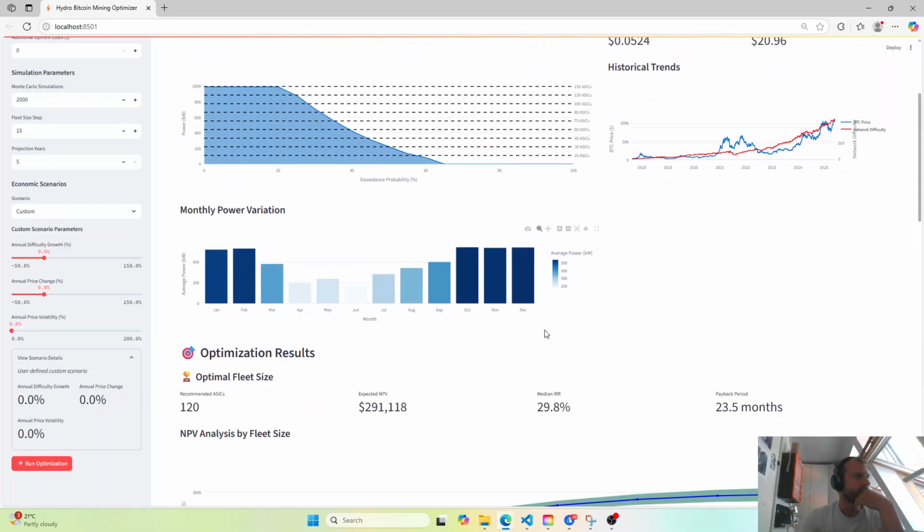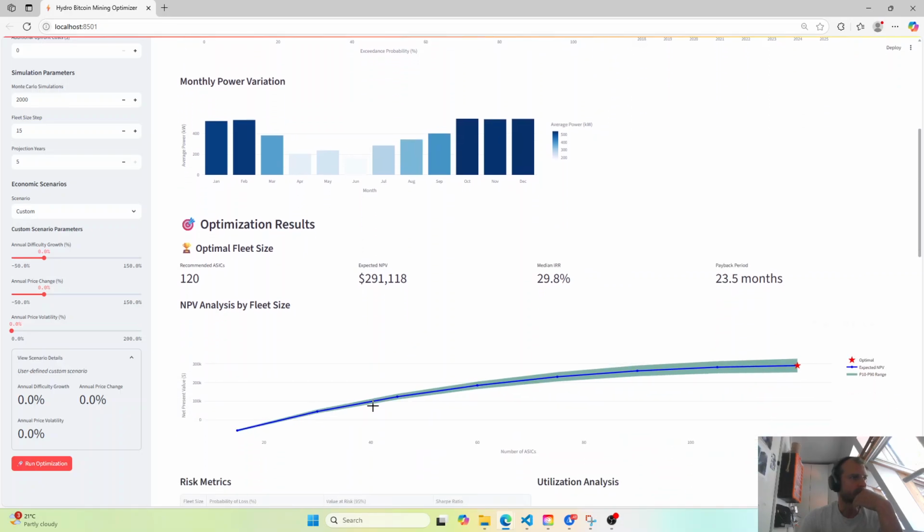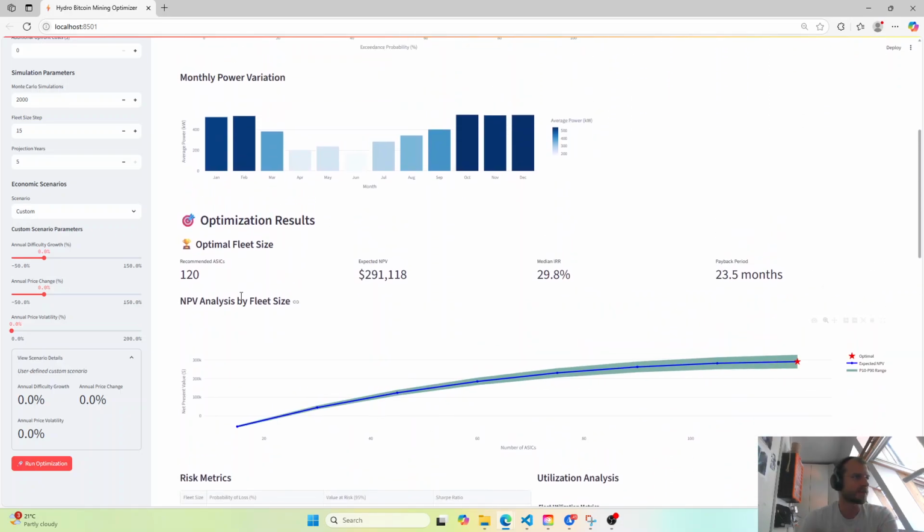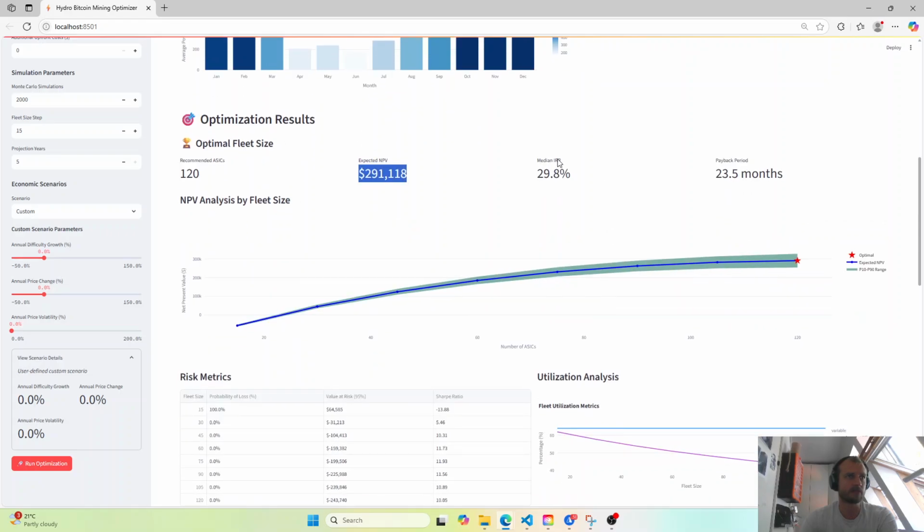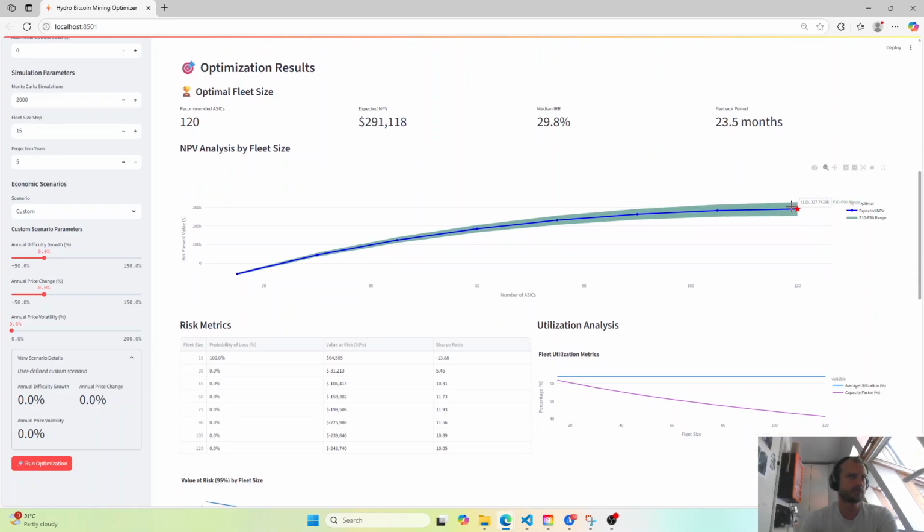There you go. Based on these settings, the most optimal advice is 120 ASICs of that model with expected NPV and IRR and 23 months of payback, just because we have zero difficulty growth, so it's pretty straightforward.